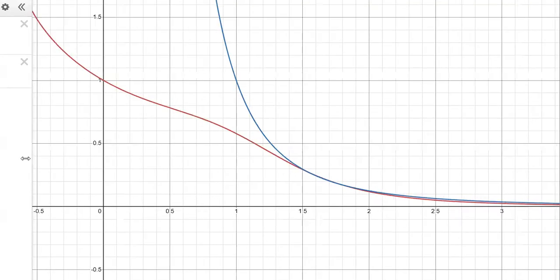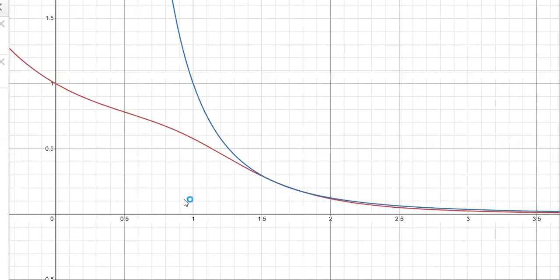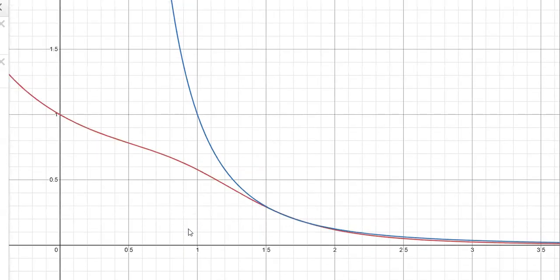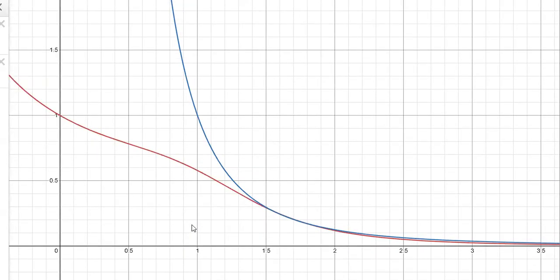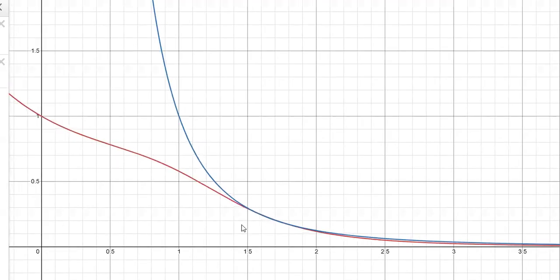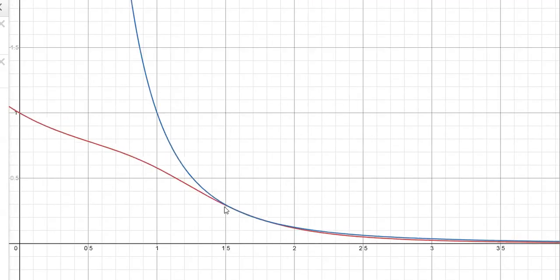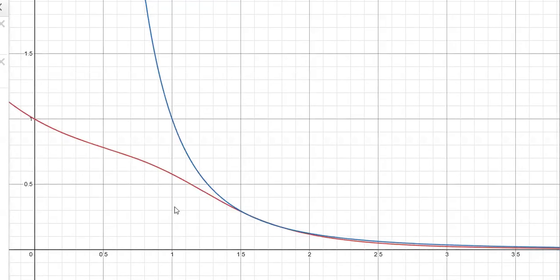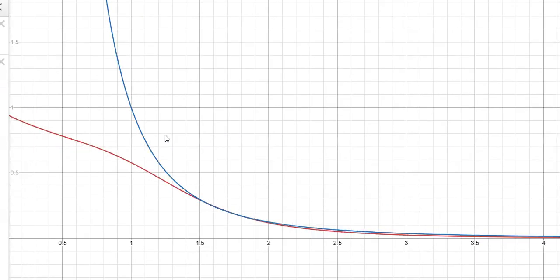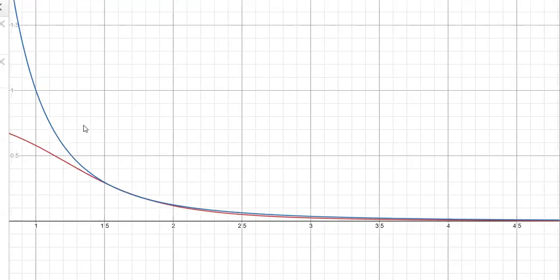So, Desmos. You can see that from around 1, or even before that, I guess, we're interested in, well, our improper integral is from 0 all the way to infinity. So we know that 1 over x cubed, this one up here, is bigger than the function that we want.